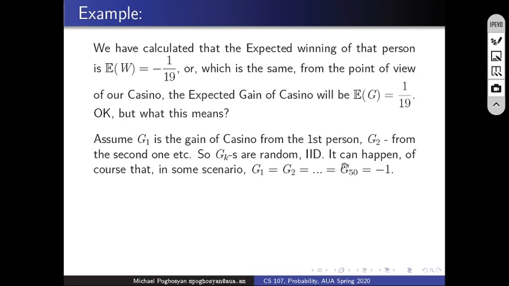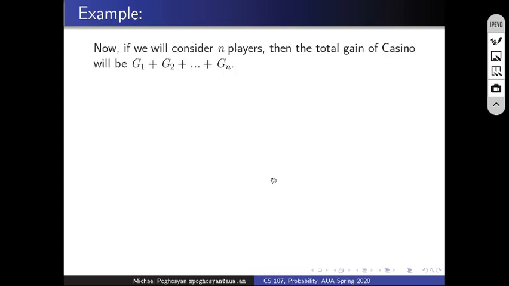Okay, well, of course it can happen that in some scenario the first person will win, the second person will win, etc. The 15th person will win, and the gain of casino will be -1. Well, this is of course possible. But now let us consider what we will have in the long run. We consider n players.